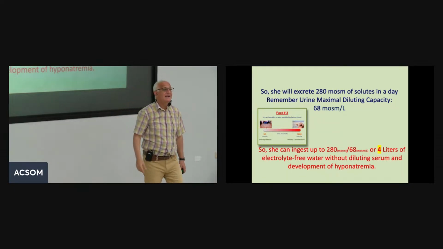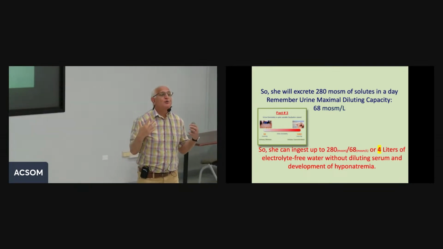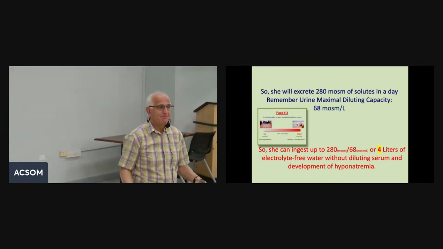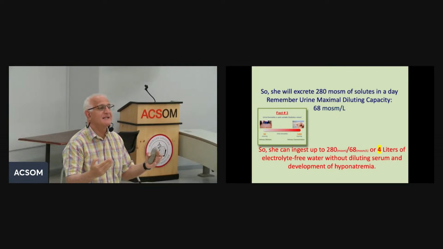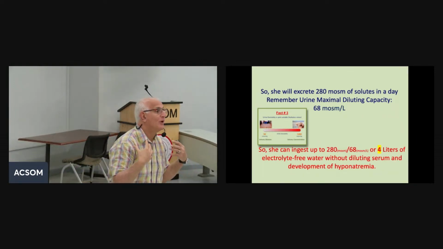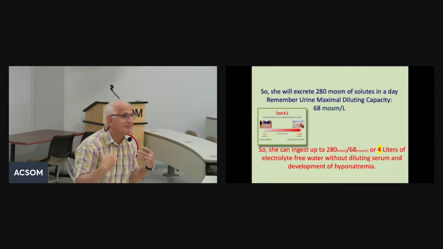We said 50 is the lowest you can go. Some people cannot go as low depending on the age. 4 liters. So basically, what I want you to learn from this session is that the less solute you have, the less capacity you have to adjust for free water.